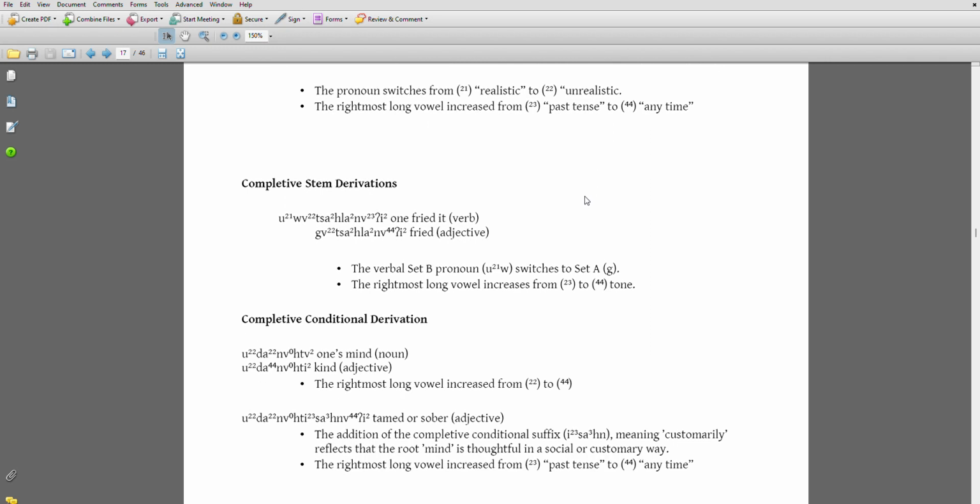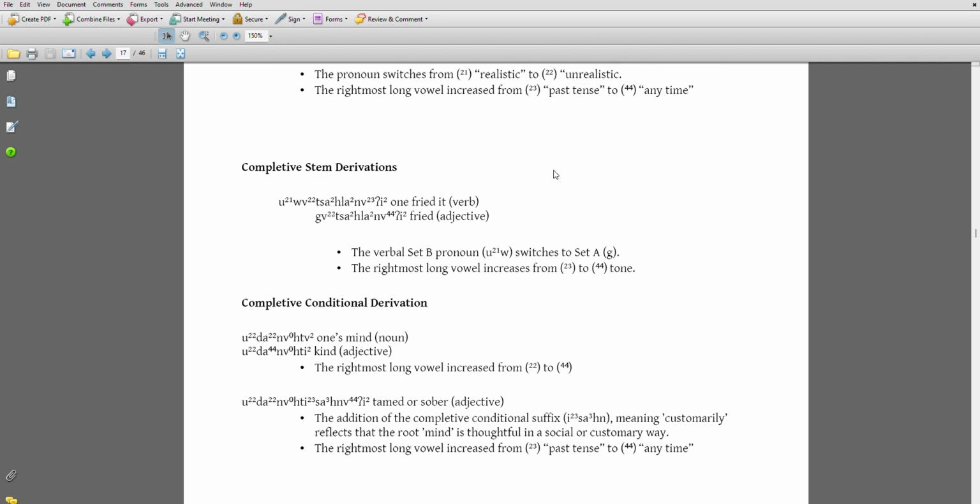Completive stem derivations. One fried it. So it's like saying he or she fried one piece of chicken. Just fried one thing, it. So we can say, and that means fried as an adjective.